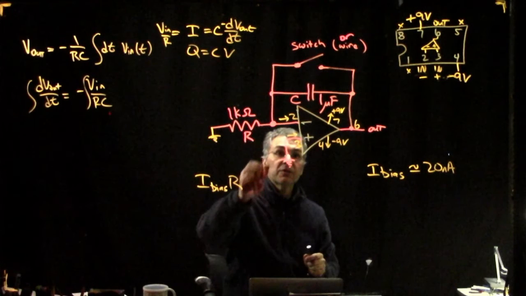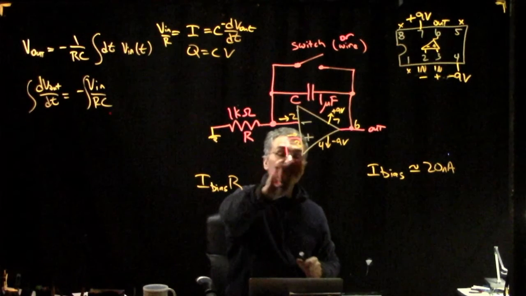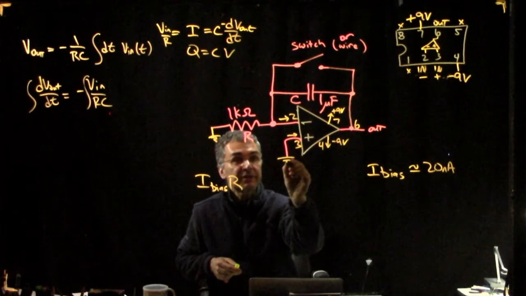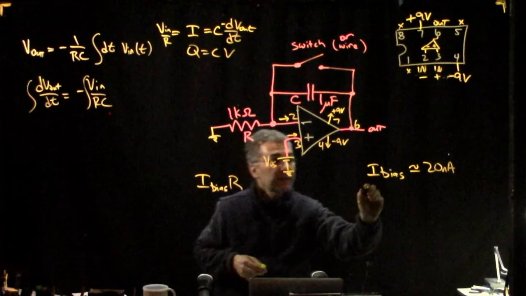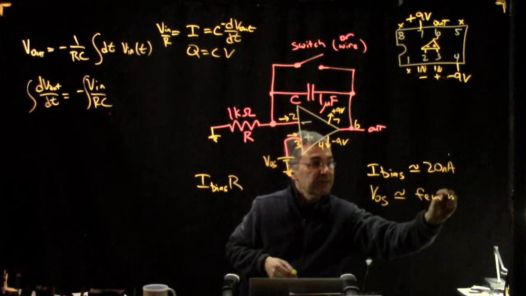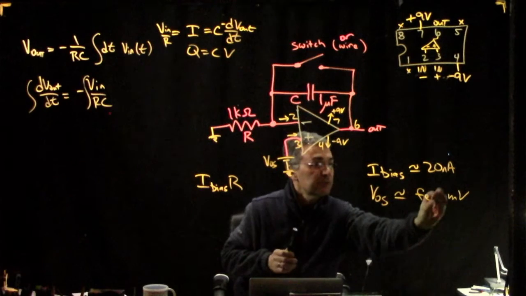The easiest way to model that is to pretend it's actually inside the op-amp, as if there's a tiny little battery here. And this is V offset, on the order of a few millivolts, and we don't know what sign it is.